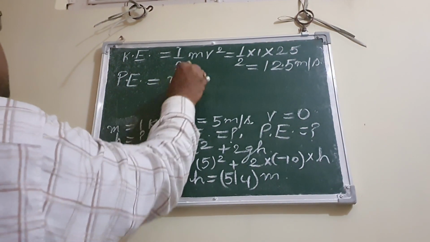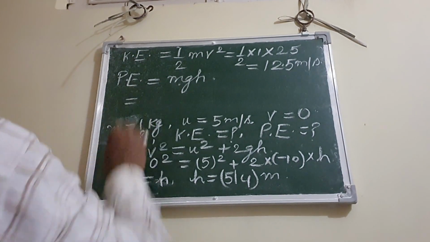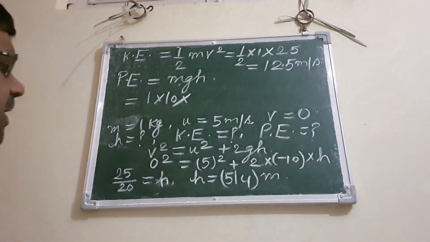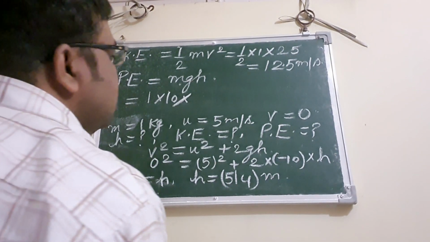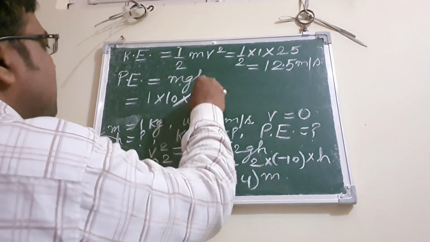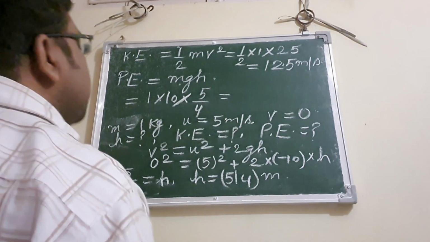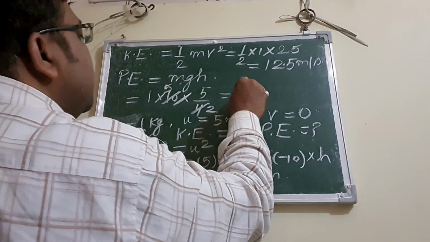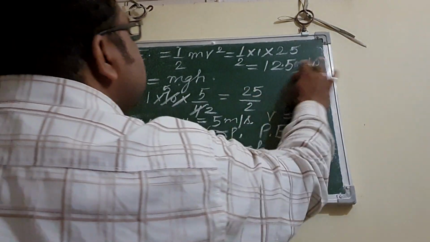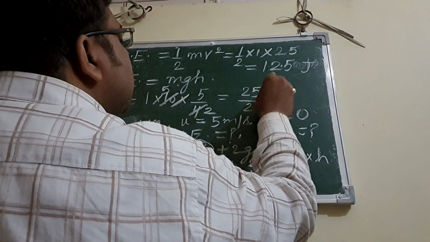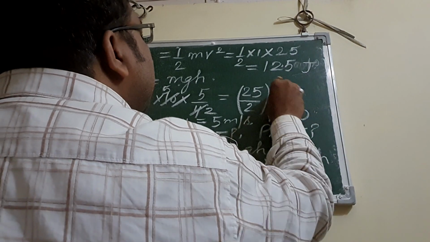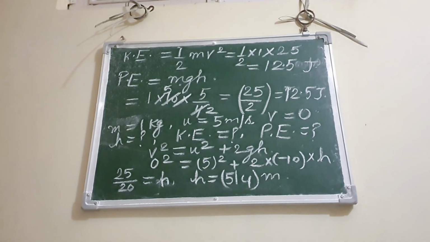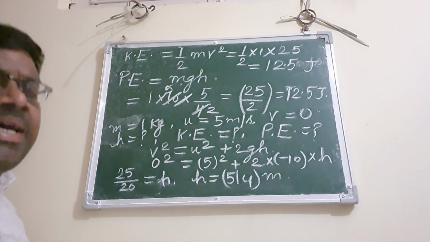So potential energy equal to mgh. So m is the mass of the body, that is 1, g is gravity, and h is height. Height, that was 5 upon 4. So this is 5, this is 2. So again it is 5 by 2 equal to 12.5 joules. So this will be our potential energy at height h.